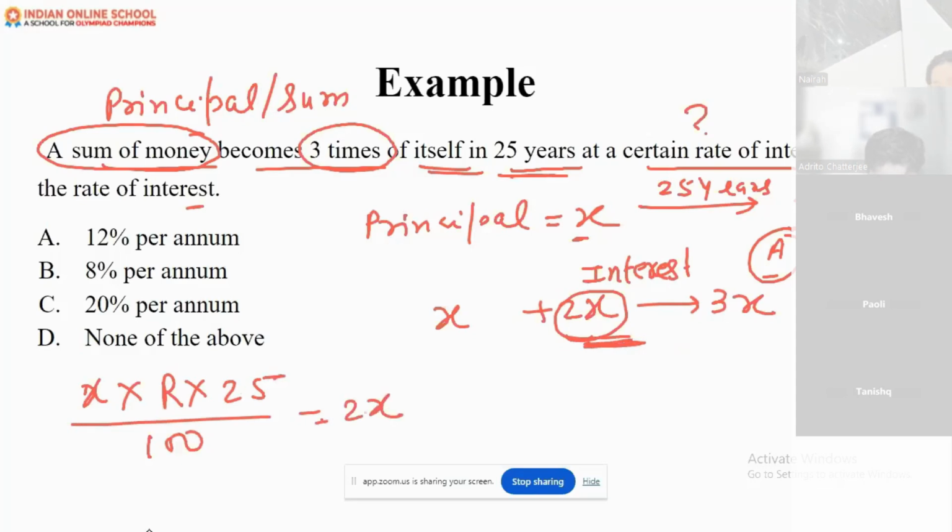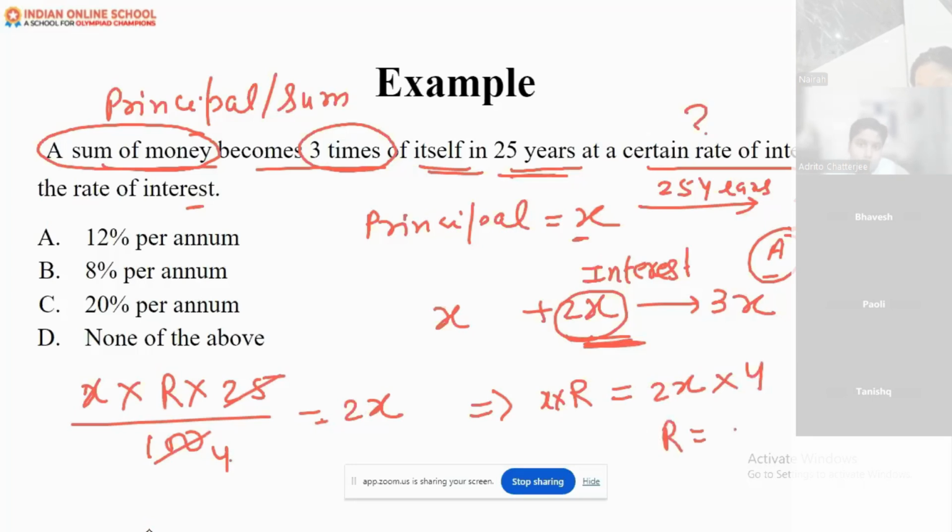Now x into R into 25 upon 100 equals 2x. We will transpose this 4, so it becomes multiply by 4. Now the rate of interest will be 2x into 4 upon x. So x will cancel out with x, and now we have 8. So what rate of interest will there be? 8% per annum. Correct.